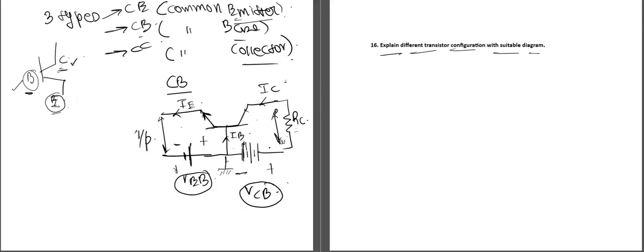When the emitter voltage is applied, as we know, the VEB junction is forward biased and the VCB junction is reverse biased.